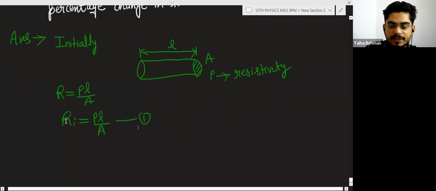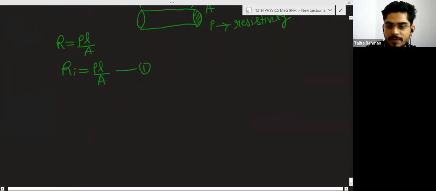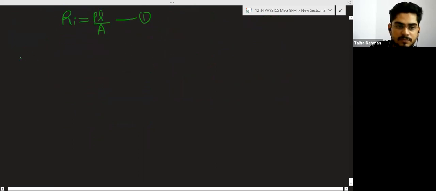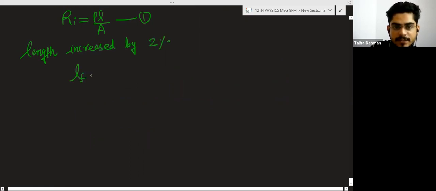Now they are saying that the length of the conductor is increased by 2%. Length increased by 2% means final length L_F is equal to initial length plus L by 100 into 2.